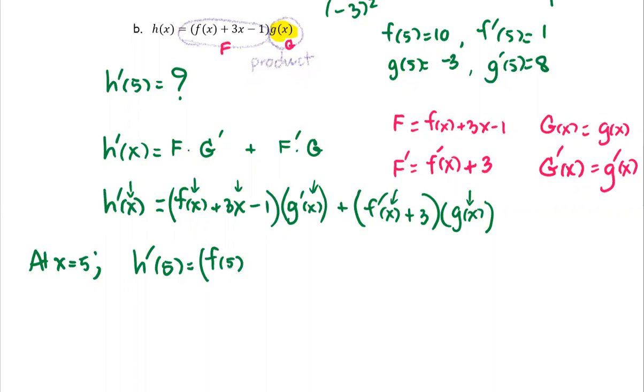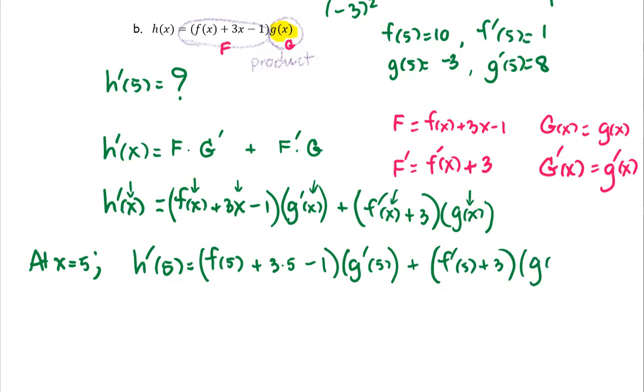So changing from the x notation into the 5 notation. So f of x becomes f at 5 plus the 3 multiplied by 5 minus 1, multiplied by the g prime at 5, plus the f prime at 5 plus 3, multiplied by g at 5.